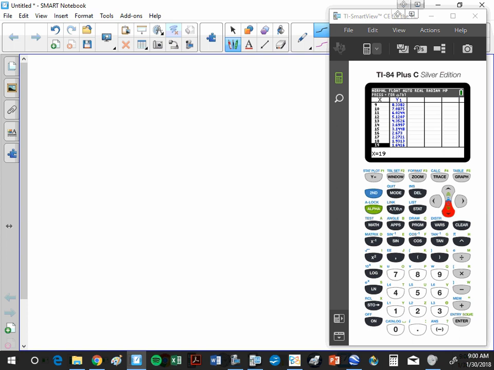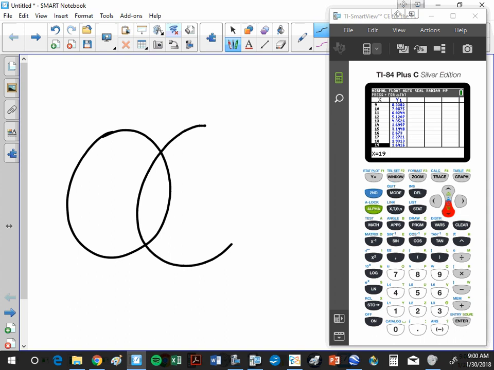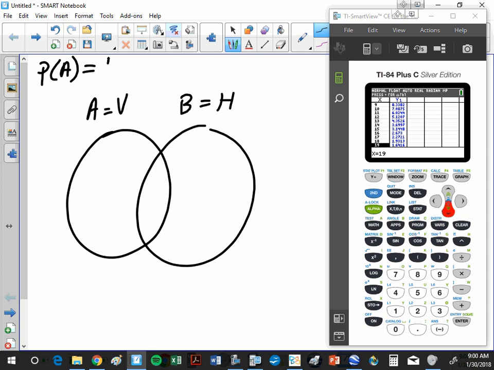So we have 2 bubbles, and we know that A is varsity and B is the honor roll. What is the probability that A happens? How many of those students are varsity athletes? 113. 113 out of 200. Okay. What's the probability of B?